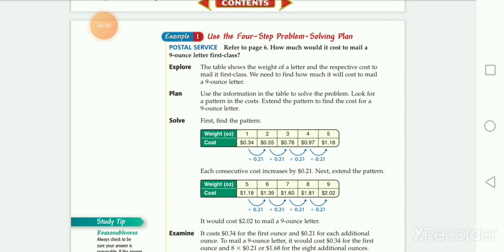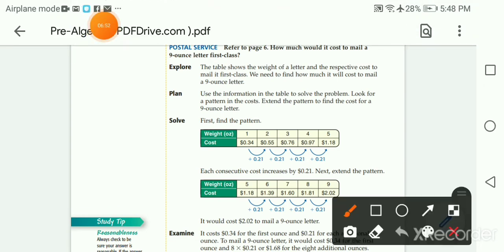First of all, my dear students, what I'm doing now is finding the pattern. How can I find the pattern? We have taken this in grade 7. To find the pattern, I choose two consecutive numbers, from 0.34 to 0.55, and find the relationship between the two consecutive numbers.